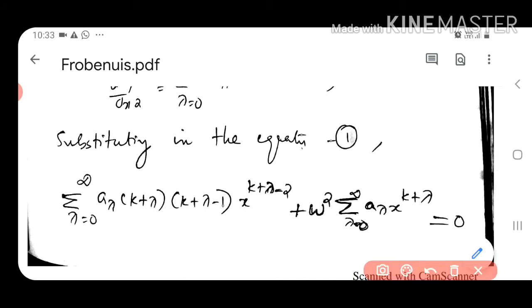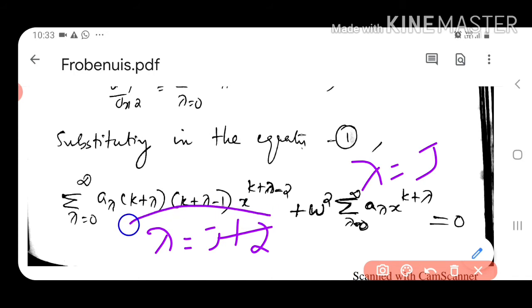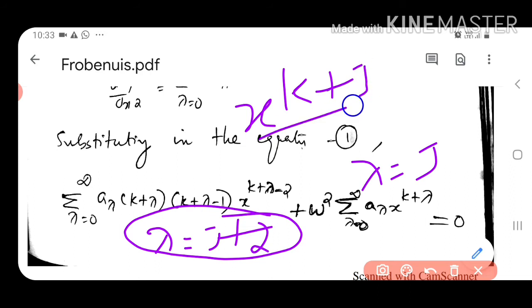I want the coefficient of x to the power k plus j. So here I am putting this as j. Here lambda is put as j. So when lambda minus 2 is j, lambda will be equal to j plus 2.